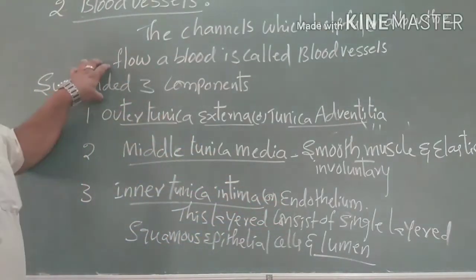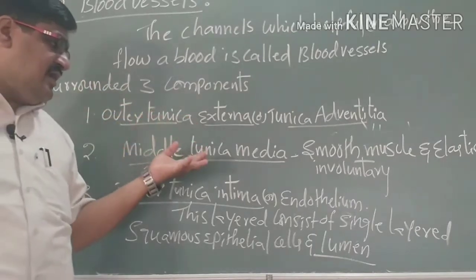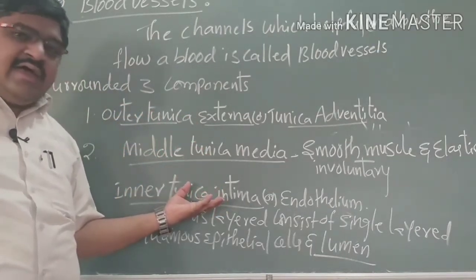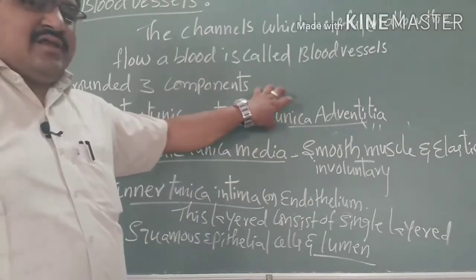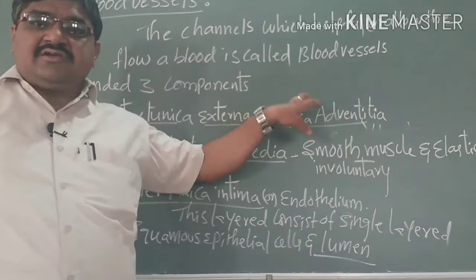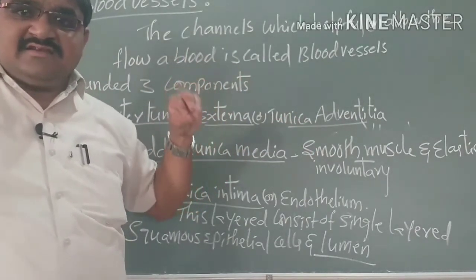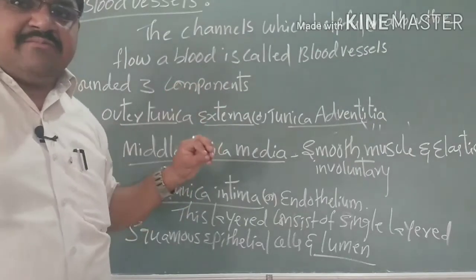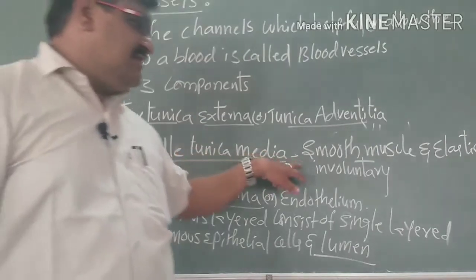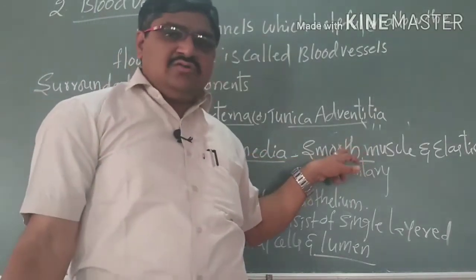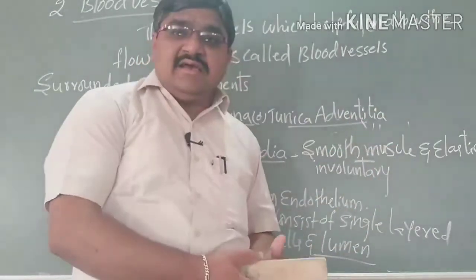So the blood vessels are surrounded by three components: tunica externa, tunica media, and tunica intima. The tunica externa consists of connective tissue along with elastic fibers, which are helpful for stretch and recoil. The tunica media consists of smooth involuntary muscles and also elastic fibers.